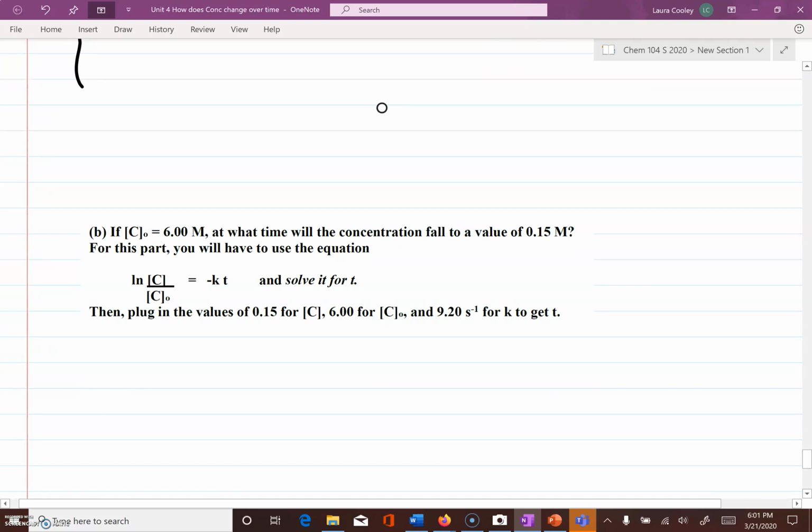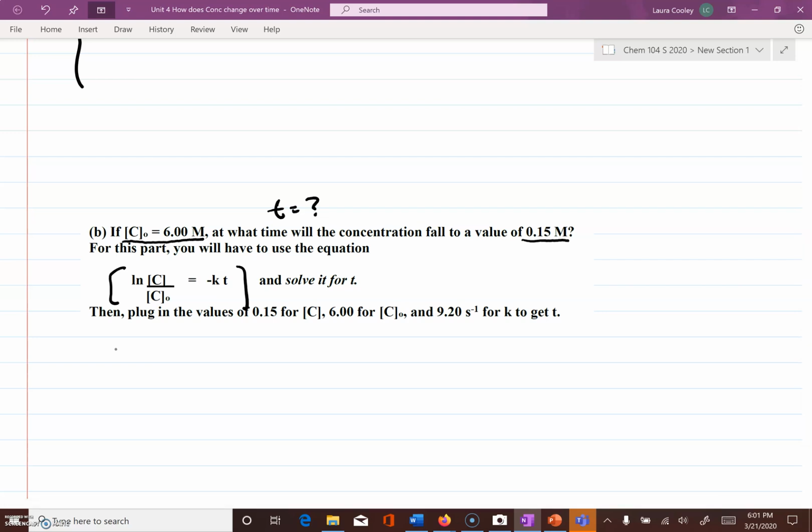Here's a problem like the one we just did. If the initial concentration is 6 molar, at what time, so we're trying to figure out what the time is, will it become 0.15 molar? And here we're using the equation that I used before, except we're putting in a C for A, since C is the reactant.